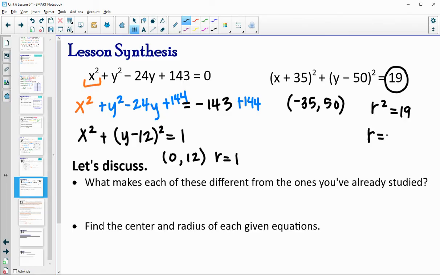So when we square root this, we're just going to get square root of 19. And so you can leave it like that, or you can write it as the decimal if you prefer. So then you could just do square root of 19 in your calculator and get a radius of 4.35 approximately, or 36, but either way.